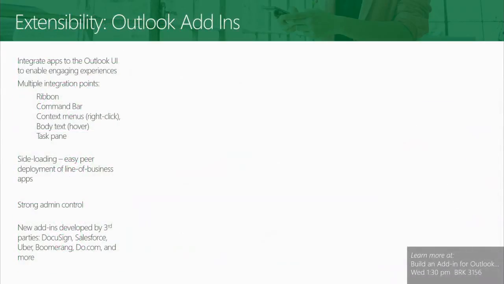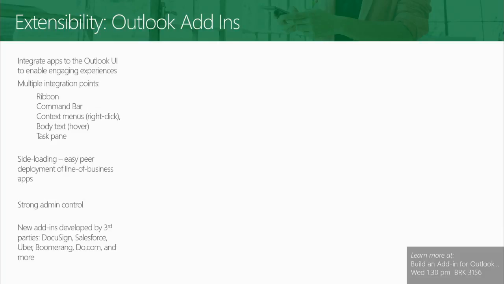I'm going to switch gears for a moment and talk about Outlook add-ins. In the past, we talked about add-ins as Outlook applications. In 2013, with the wave of Outlook and Exchange that we released, we introduced this concept of building HTML apps that could extend Outlook.